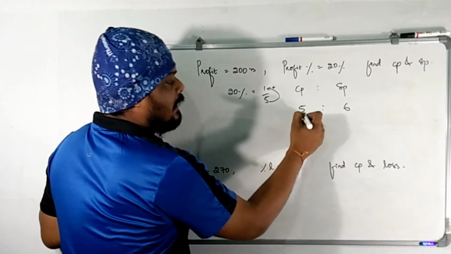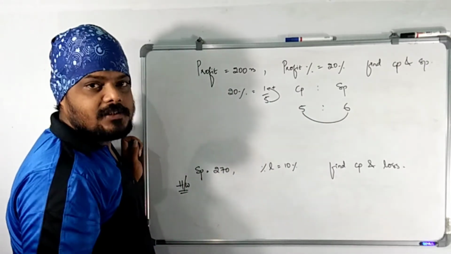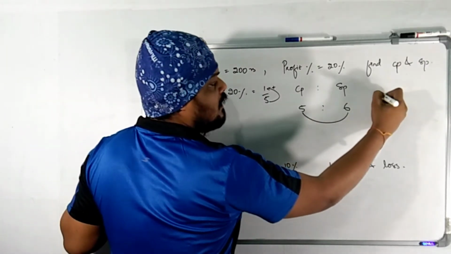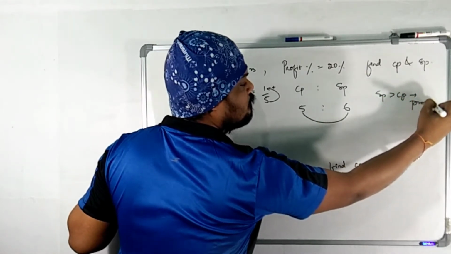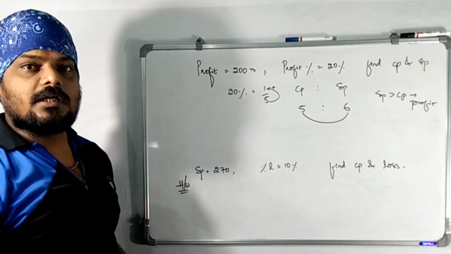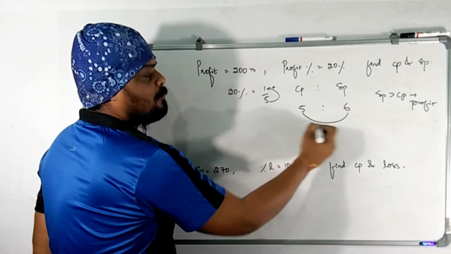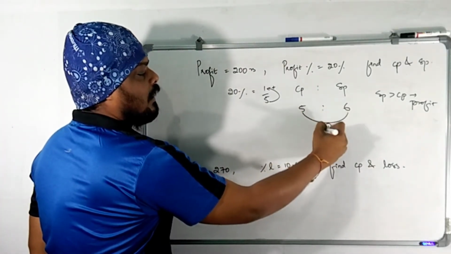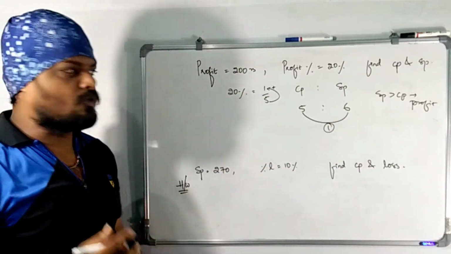So here the difference between them, if you see, cost price is 5 rupees and selling price is 6 rupees. Here selling price is greater than cost price. Obviously it is a profit. So here how much profit did I get? I get 1 unit as profit, and this 1 unit is given as 200 rupees.